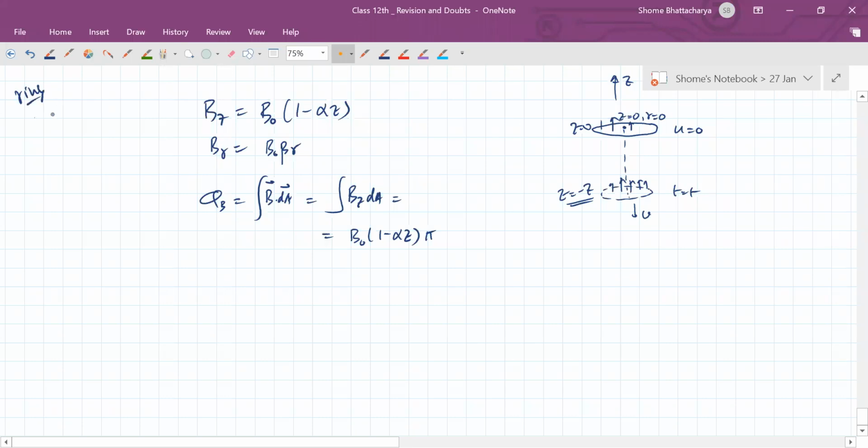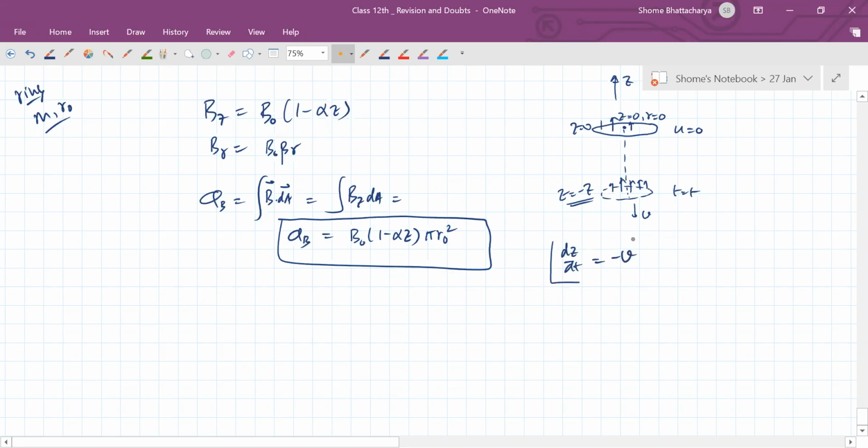So the ring has mass M, radius R naught. So pi R naught square. This is the magnetic flux. Right, Desmond? And in this you can see that dz by dt is actually minus V. Why minus V? Because V is in the direction of negative Z axis.